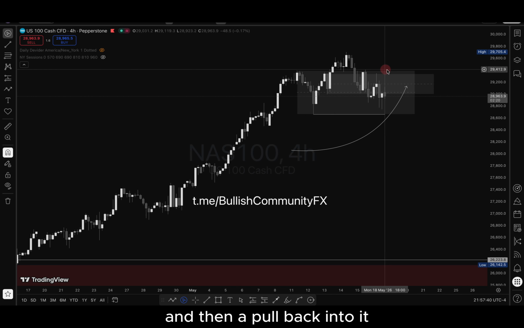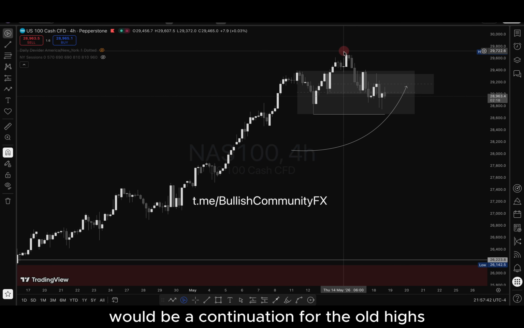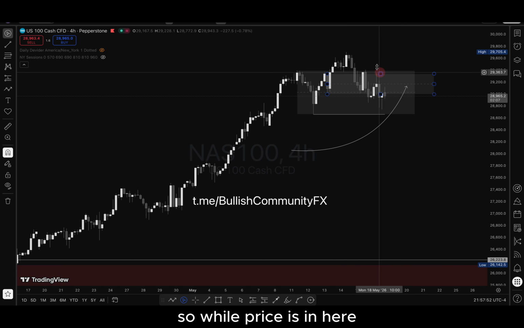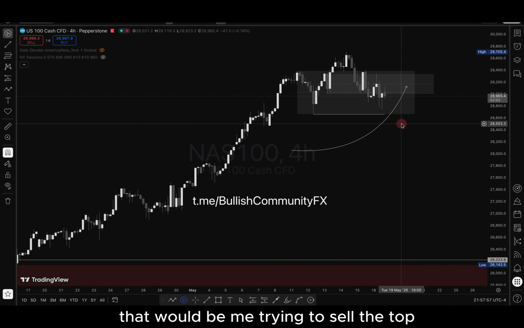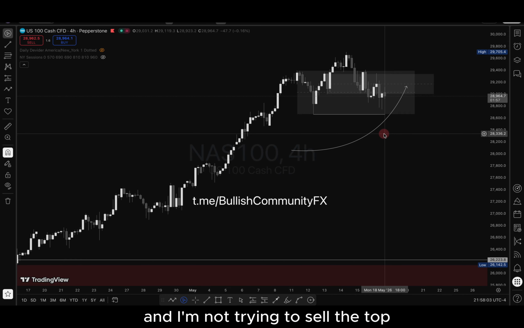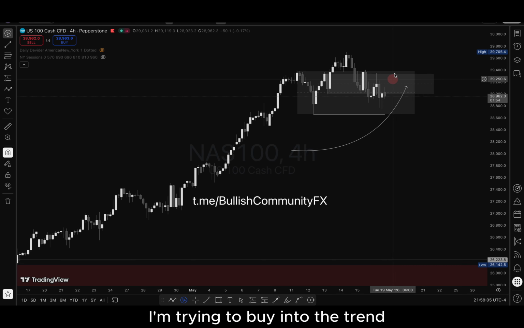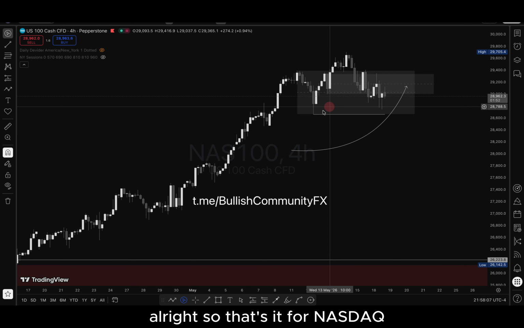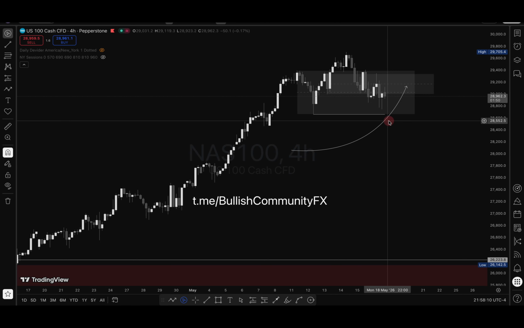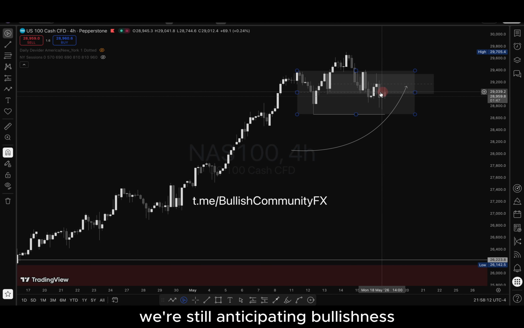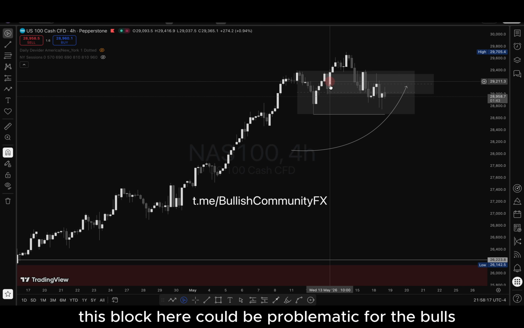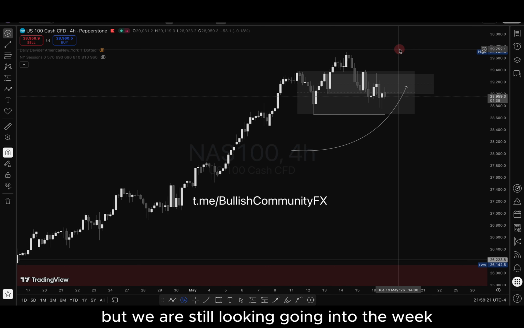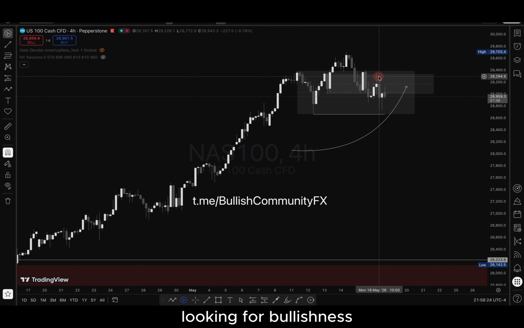Manipulation behavior, and then a pullback into it would be a continuation for the old highs. So while price is in here, I'm not thinking sells. That would be me trying to sell the top, and I'm not trying to sell the top. I'm trying to buy into the trend. All right. So that's it for Nasdaq. We're still anticipating bullishness, knowing that this block here could be problematic for the bulls, but we are still going into the week looking for bullishness.